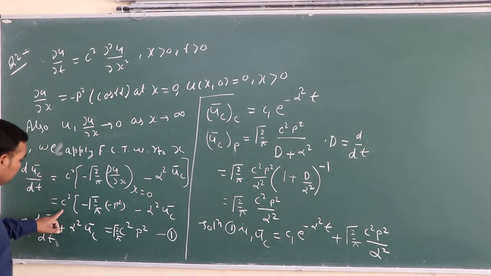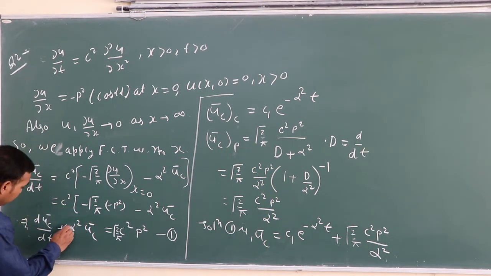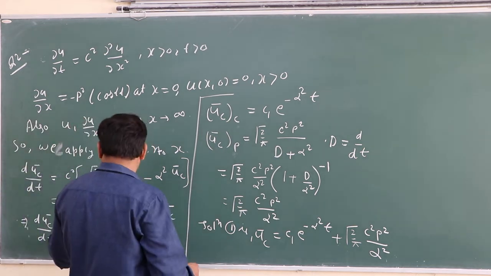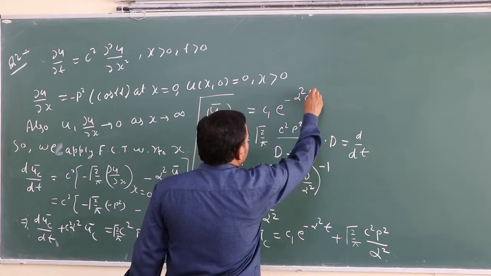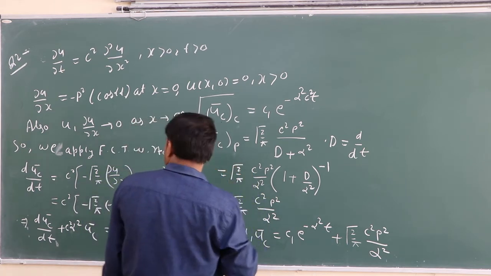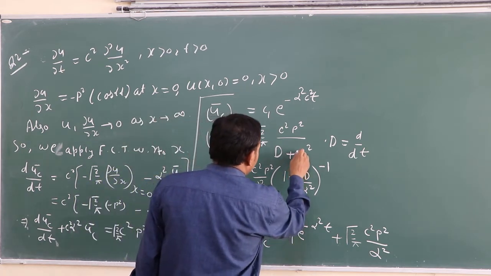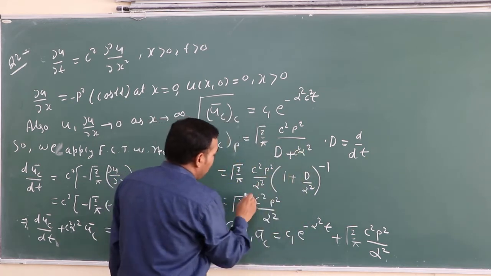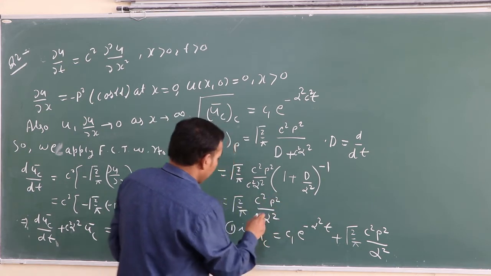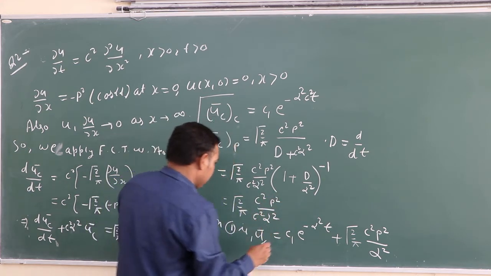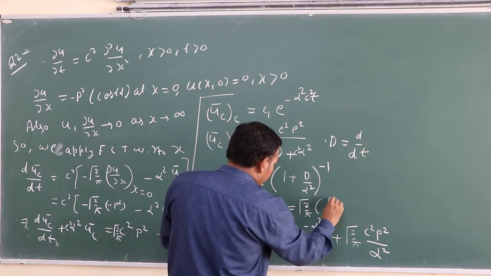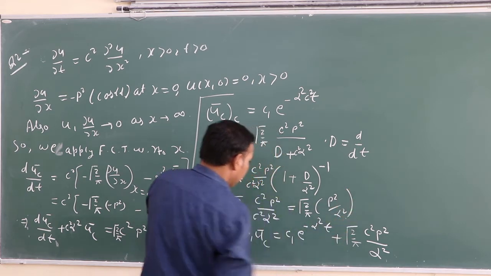Since c square comes in the exponent, and for the particular integral, c square will come and cancel, take common c square alpha square, so finally we get under root 2 upon pi p square upon alpha square.